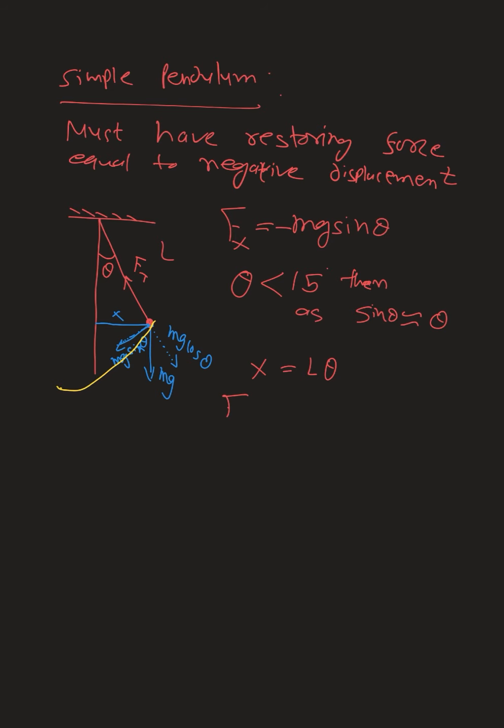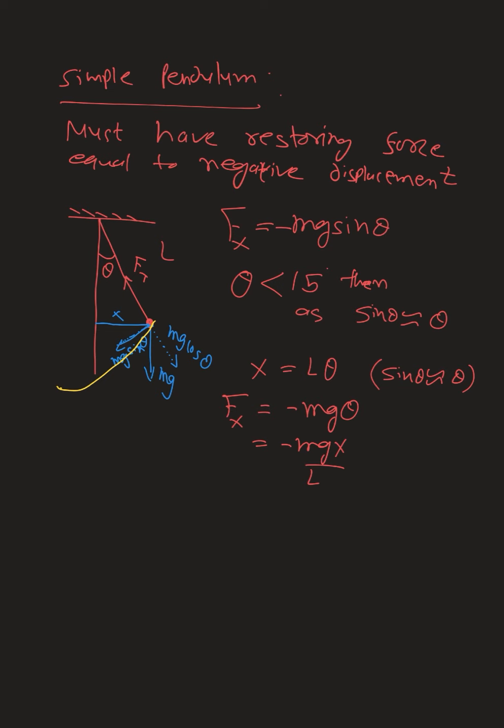And if that's the case, in our force equation, force F equals negative mg sine theta, I can write it as just mg theta because sine theta is very near to theta as a small angle approximation. Put the value of theta as x over L, and that's how we got our f of x.